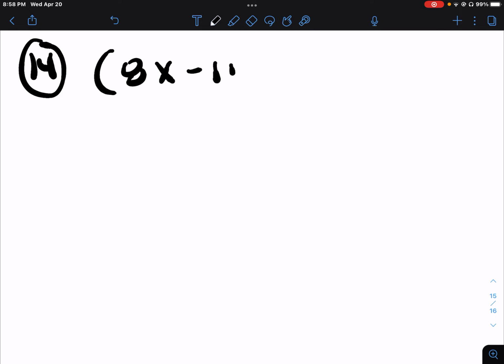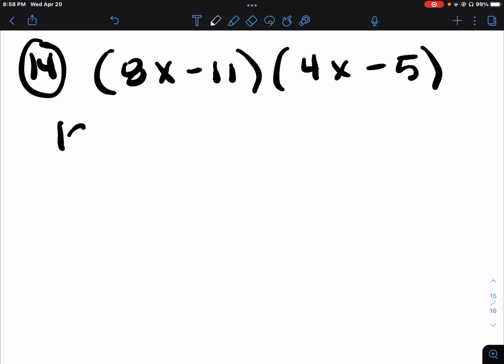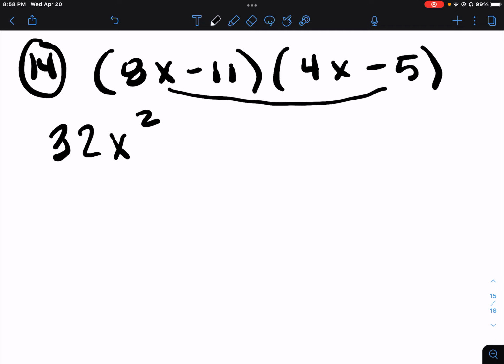14 is a FOIL problem. First, 8x times 4x. Outside, 8x times negative 5.